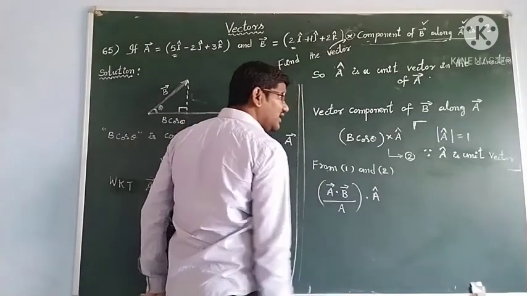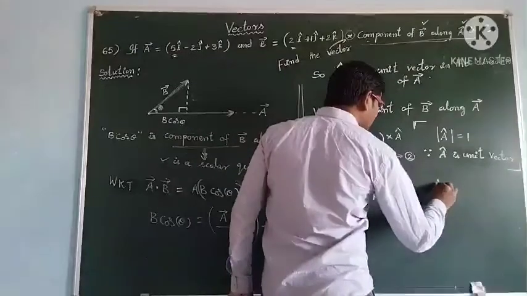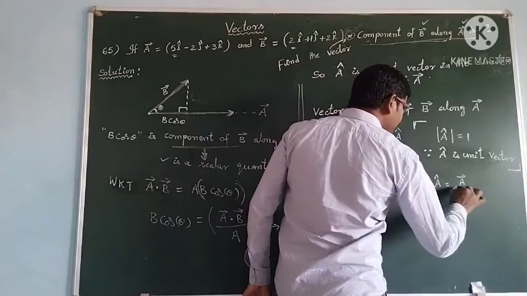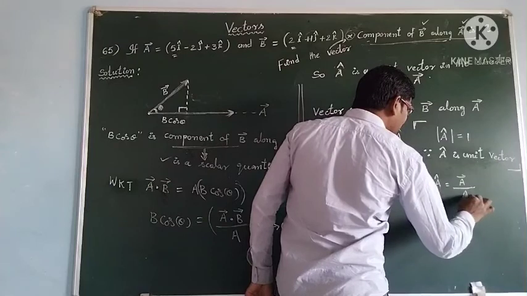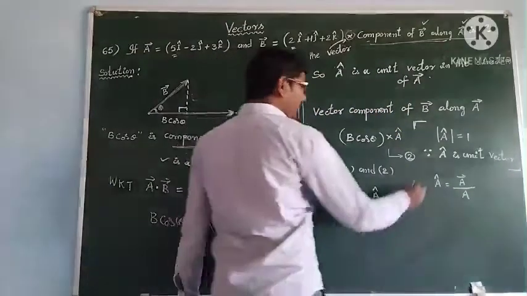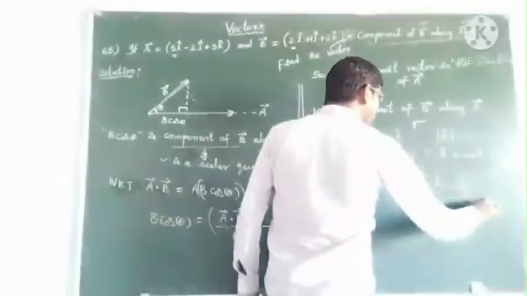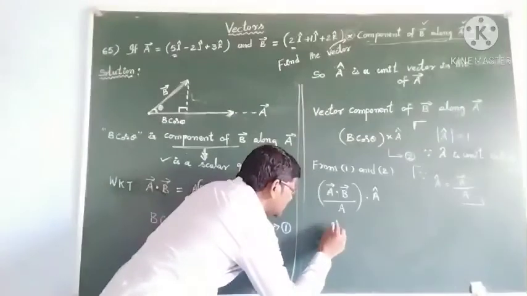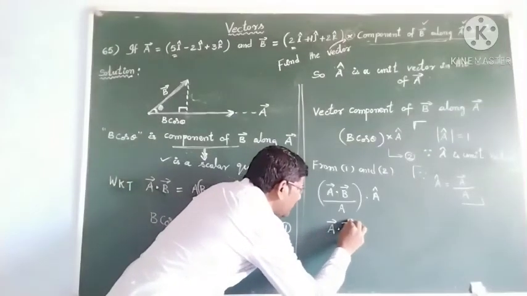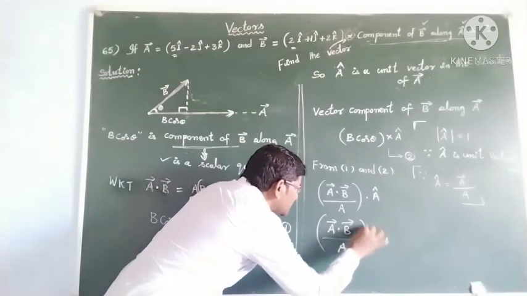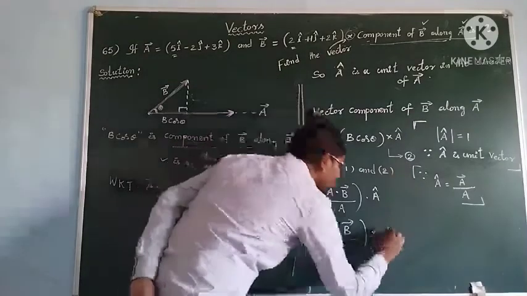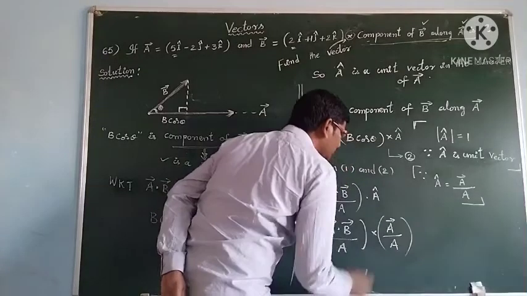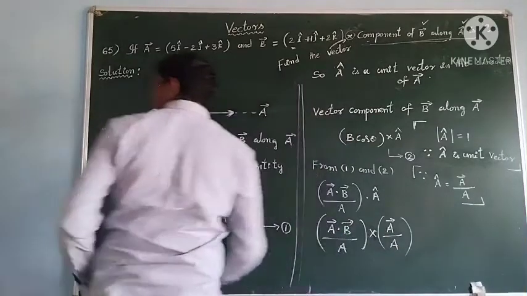We know that A cap is equal to vector A bar by magnitude of the vector A. So instead of A cap I can write A bar by A. So A bar dot B bar by A, into A bar by A.